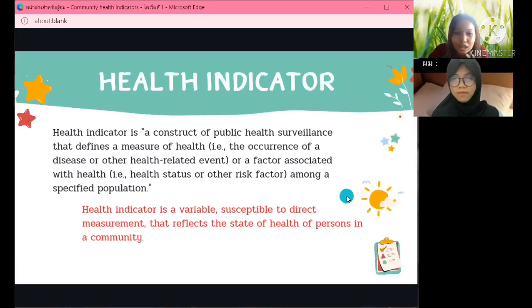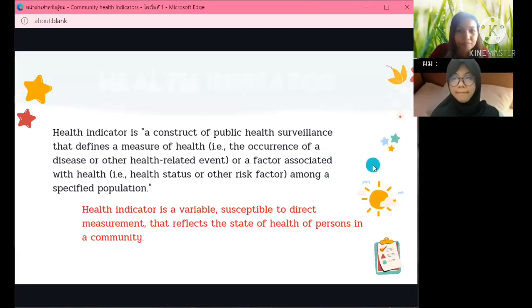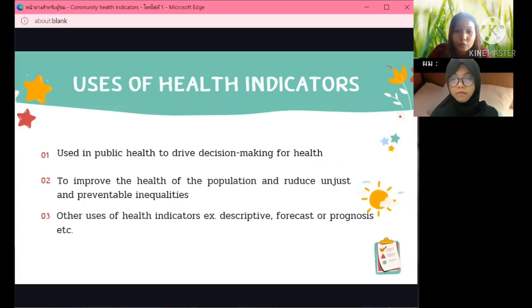Community health indicator. A health indicator is a variable susceptible to direct measurement that reflects the state of health of persons in the community. Uses of health indicators: the first is used in public health to drive decision making for health.